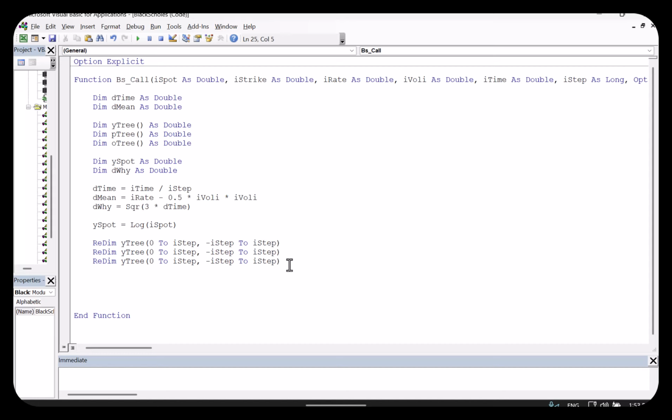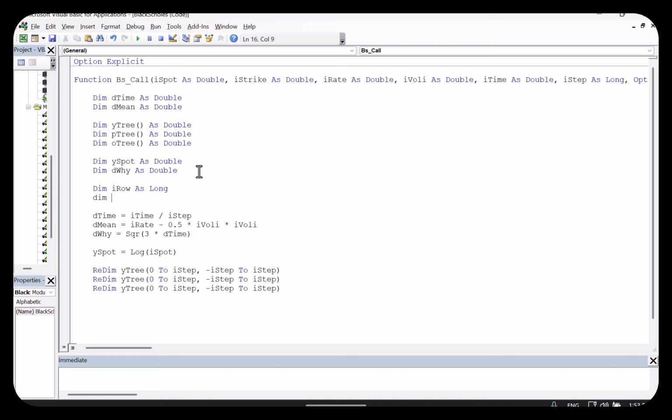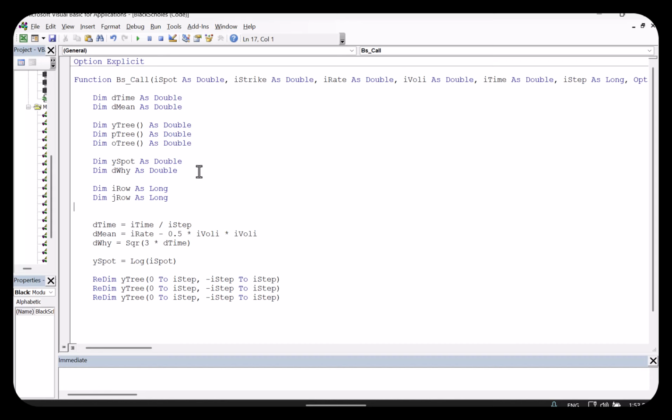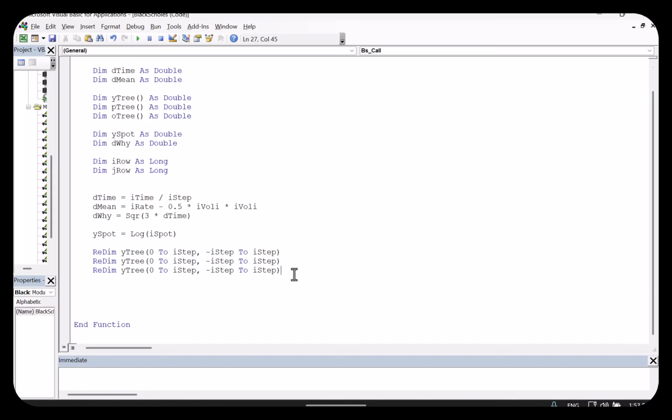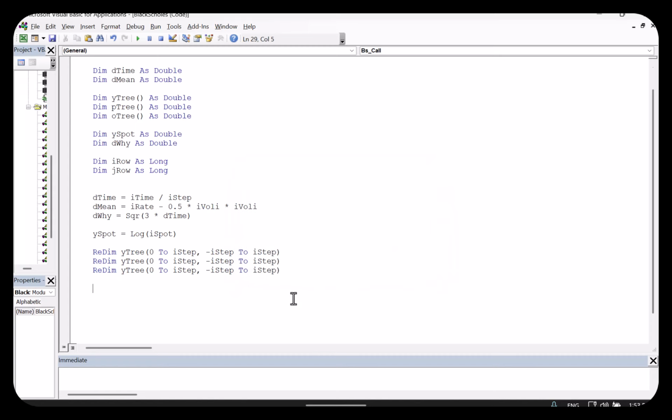Then I'm going to do two. Let's declare those two. Dim I row as long. Dim J row as long. For I row equals 0 to I step.